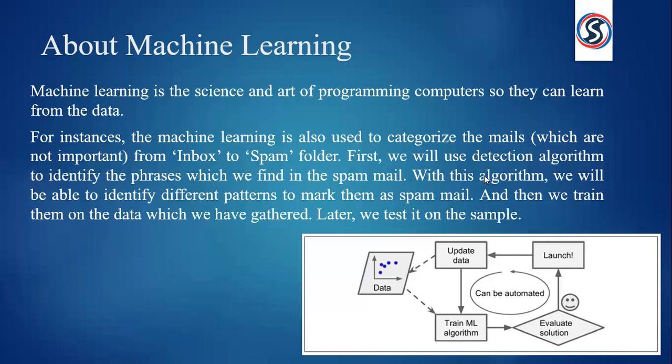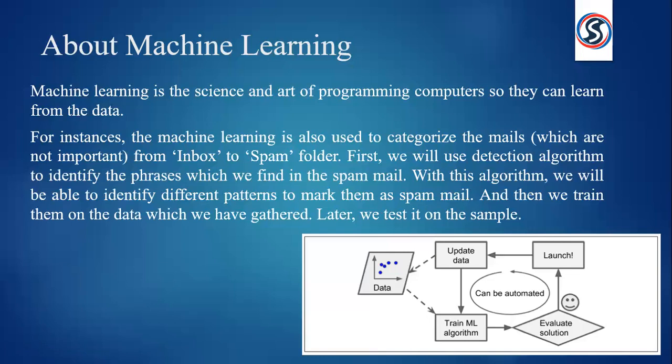First, we will use a detection algorithm to identify the phrases which we find in spam mail. With this algorithm, we will be able to identify the different patterns to mark them as spam mail. So what is the backend application implemented behind this, like how Gmail is automatically recognizing a mail as spam and sending it to the spam folder?